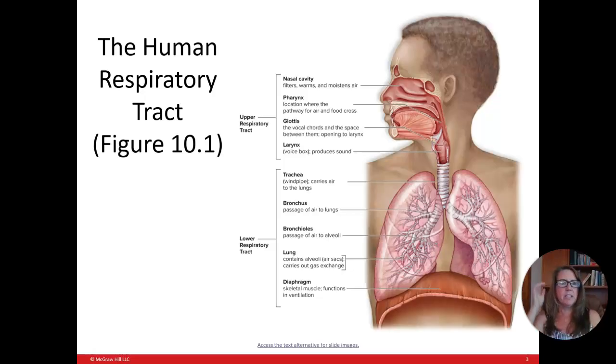Now, typically in human respiration, we are breathing in through our nose. A very important thing happens when we breathe through our nose: the air becomes warm and humidified. We're moistening that air so that it's not going to dry out our respiratory tract. So we want to warm and moisten it.